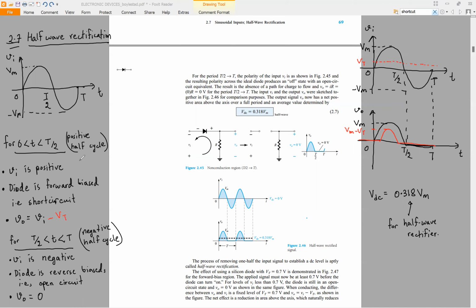So Vout is Vi minus Vt. This is for the simplified model. And what is the VDC of a simplified model? It is Vm minus Vt over pi. This is the simplified model DC value. I hope this is clear for everyone.